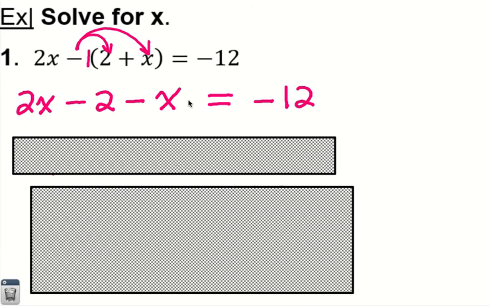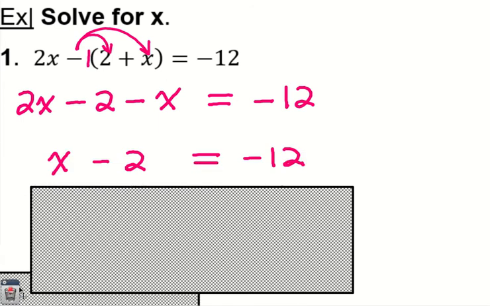And the next priority is combining like terms that are already on the same side as each other. In this case, we got the 2x and the minus x. And so we just combine those. They're already on the same side. So 2x minus x is x. Minus 2 is still there, equals negative 12.